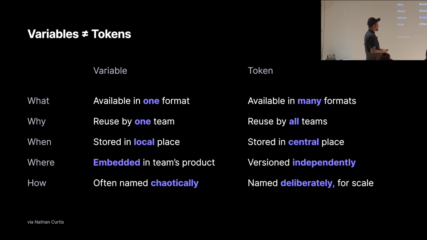A variable is stored in a local place, whereas a token is stored in a central place. The variable is embedded in a team's product, whereas tokens are versioned independent from other products. And yeah, variables might be named chaotically, but tokens are named deliberately for scale.